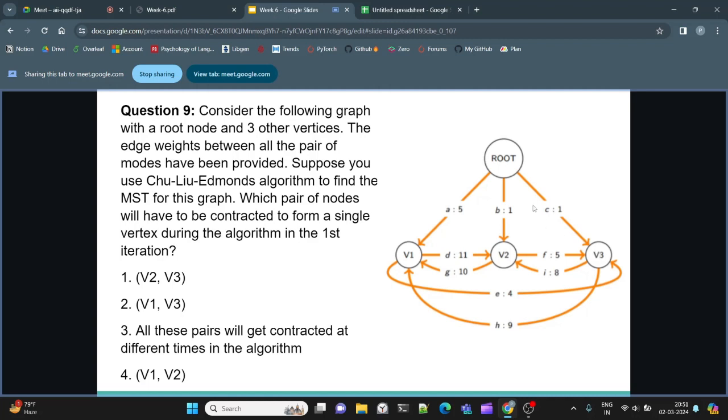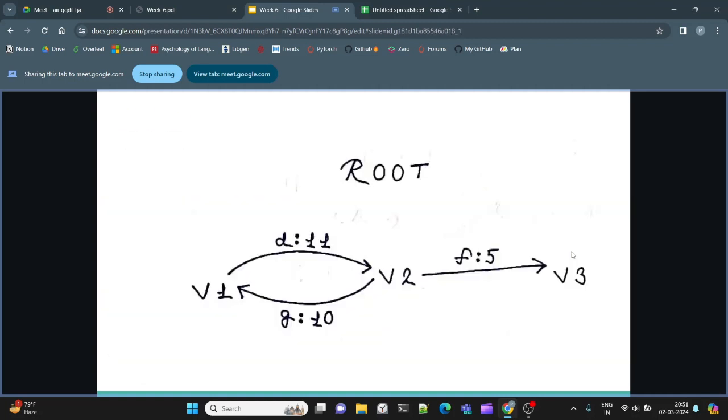We have this one with a weight of 1, this with a weight of 5, and this one, E with a weight of 4. So here the edge F, which has a weight of 5, is the incoming edge with the maximum weight. So here we retain this one, F5.